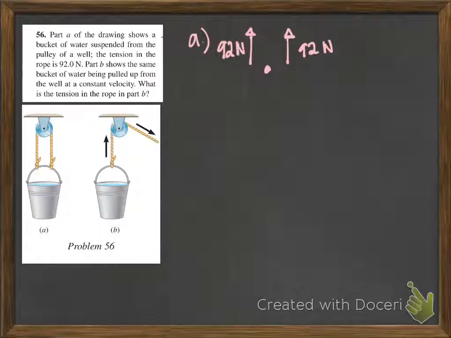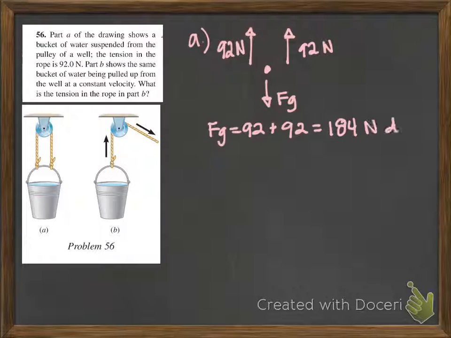So you have the two forces, 92 newtons each, and the weight of the bucket, and we know that the two forces added together is 184 newtons, and this will also equal the weight, Fg.